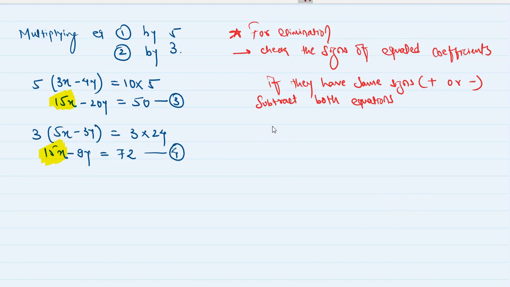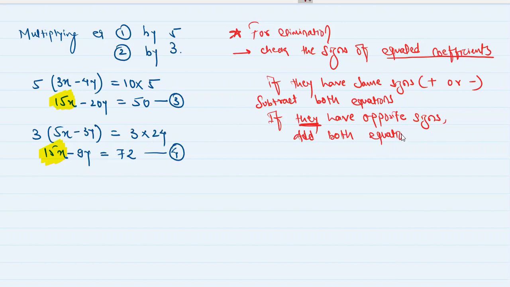Okay. If they have opposite signs, they means what? Who is they? They means the equated coefficients. If the equated coefficients have opposite signs, that is plus and minus or minus and plus, add both equations.